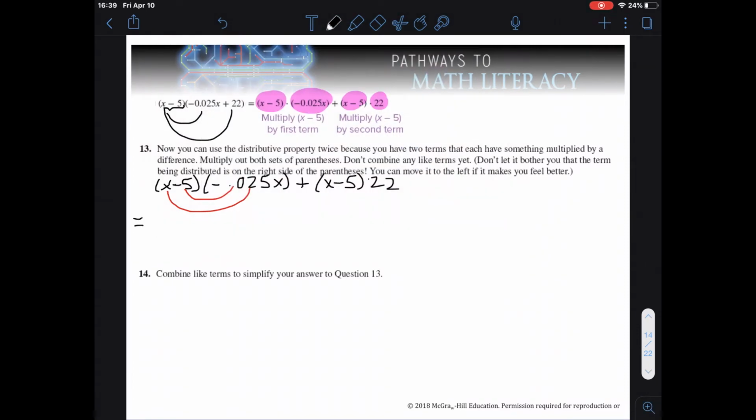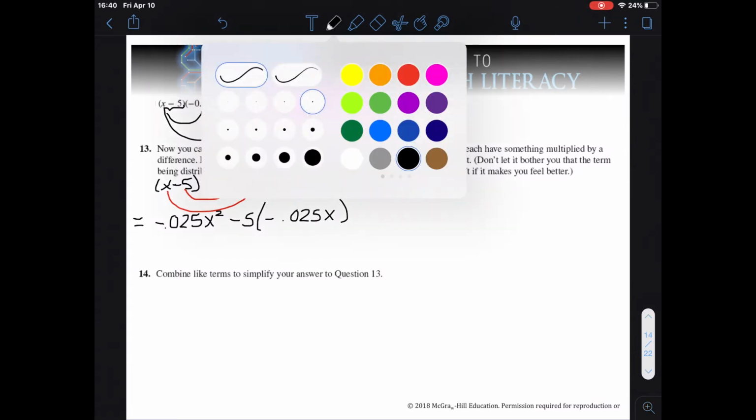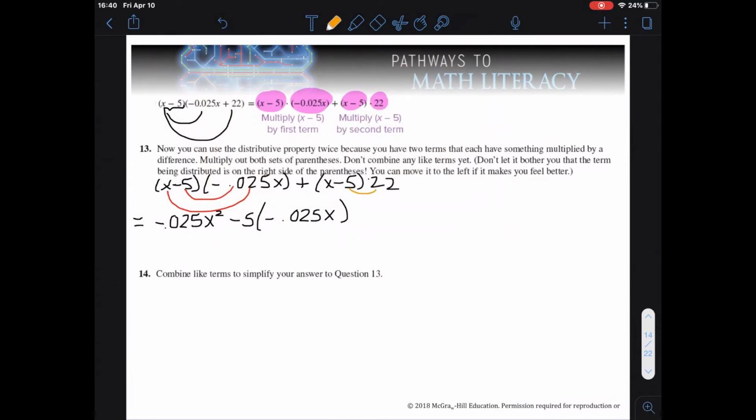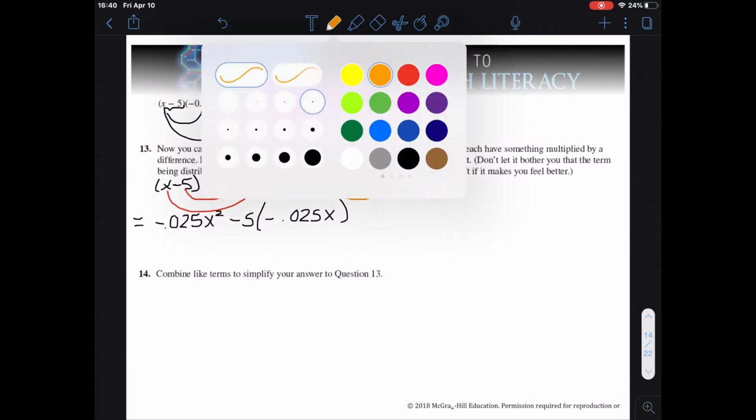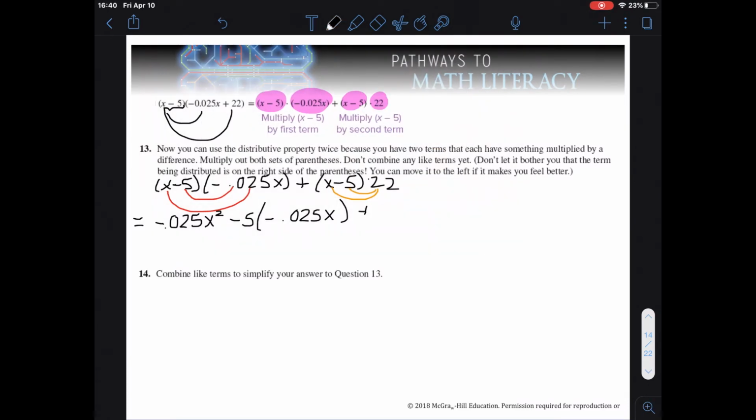That gives us x times negative 0.025, so you get an x times x, which gives you an x squared. And then you have minus 5 times negative 0.025x. Then we do the same thing with the 22, distributing it to the x and the negative 5. So we get plus 22x minus 5 times 22.